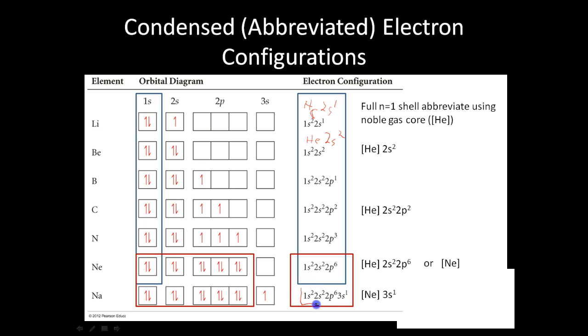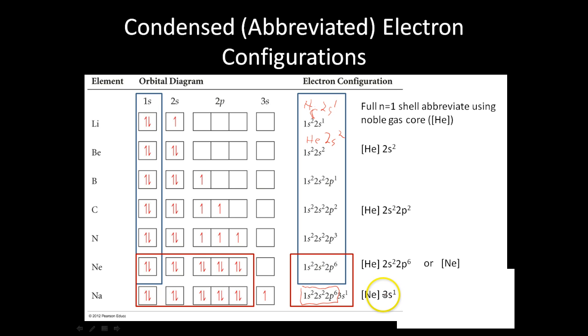If you look at this right here, this entire electron configuration is just the electron configuration for neon. If you wrote the electron configuration for neon, it would look identical to what I just circled here. And so instead of writing this entire thing for sodium, we say it's got the electron configuration for neon, plus a 3s1 electron. And so this is a way to make abbreviated electron configurations.